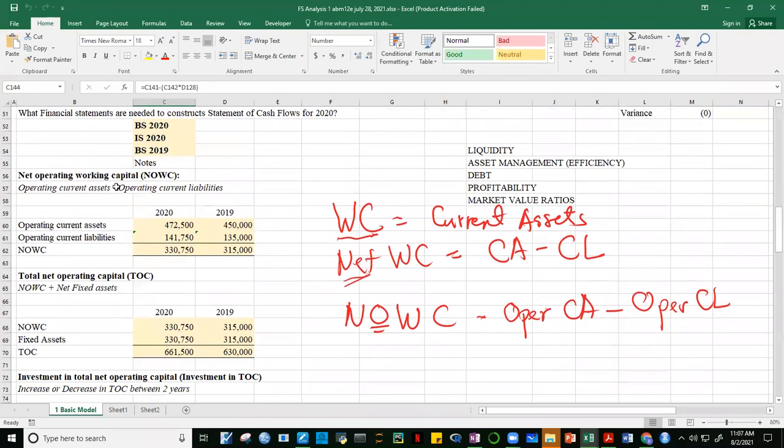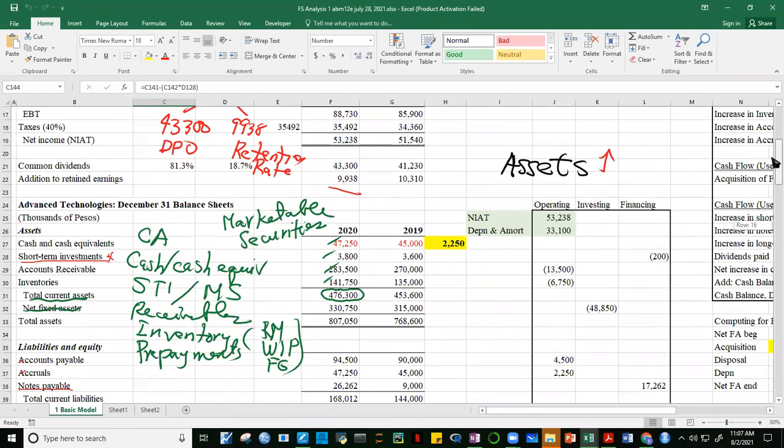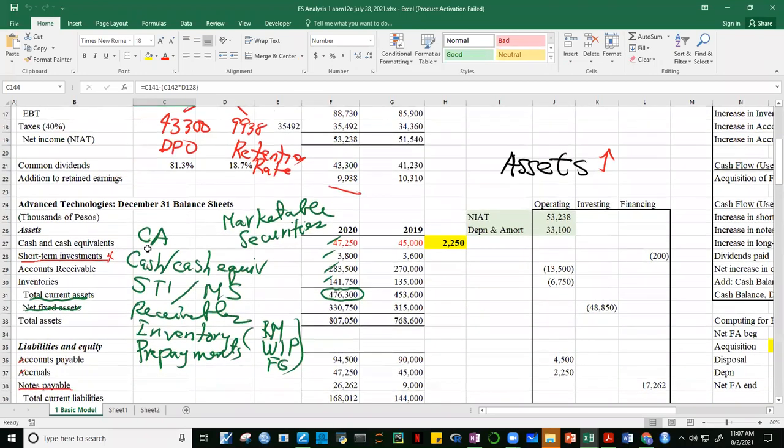We learned how to compute NOWC, net operating working capital, which is just the difference between your operating current assets and operating current liabilities. Given the balance sheet of Advanced Technologies, operating current assets will include cash, accounts receivable, and inventories.